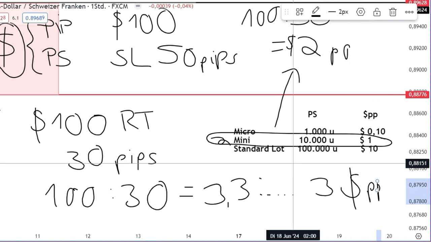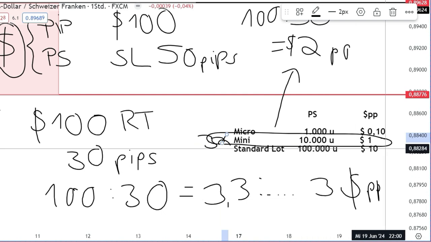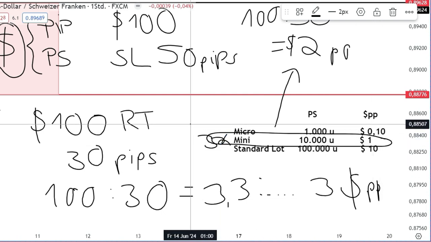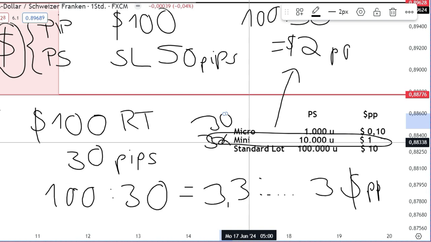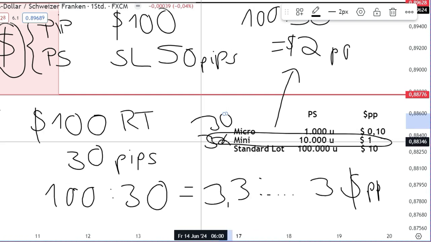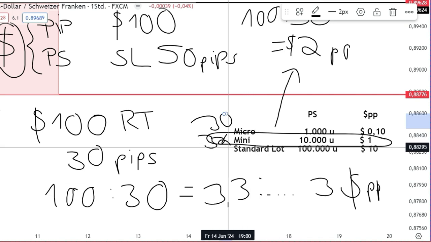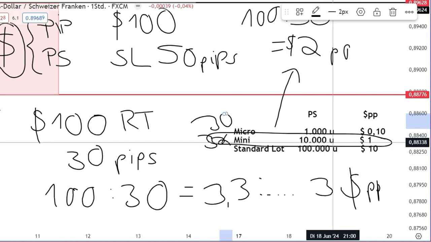And then we could, for example, use 3 mini lots. Of course, it's open to you. You could also use 30 micro lots, but it just depends what makes more sense. So in this case, I would recommend the 3 mini lots, but what's definite is that you are moving 30,000 units.